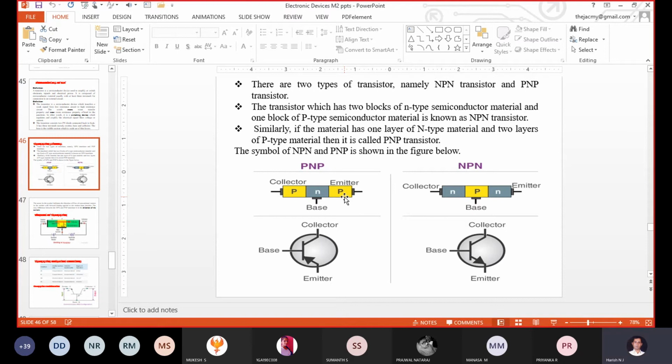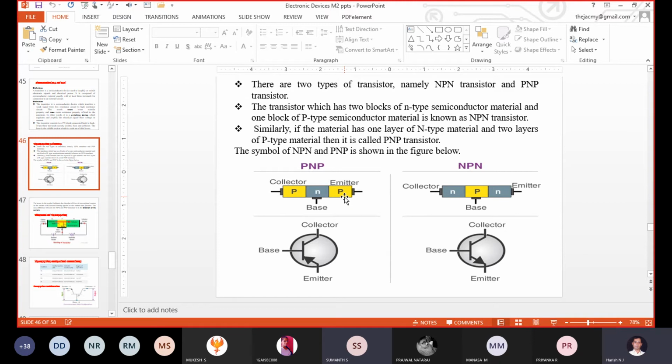All three cases are used here: highly doped, moderately doped, lightly doped. Which is heavily doped, which is lightly doped, and which is moderately doped out of the three substrates? The emitter is lightly doped, the base is moderately doped, and the collector is highly doped, sir.